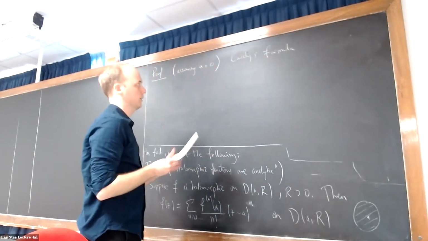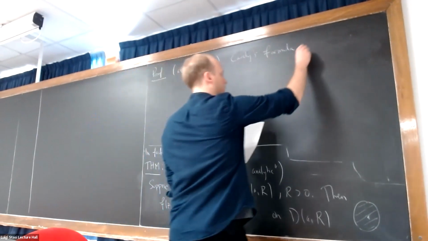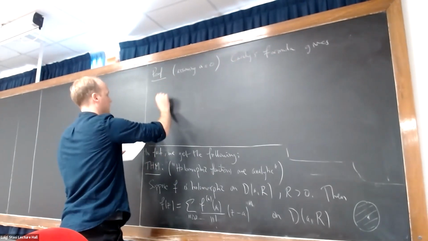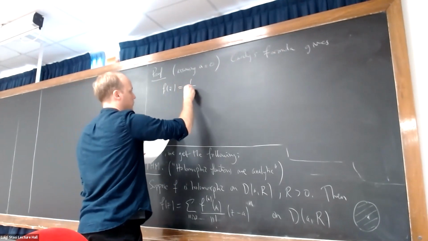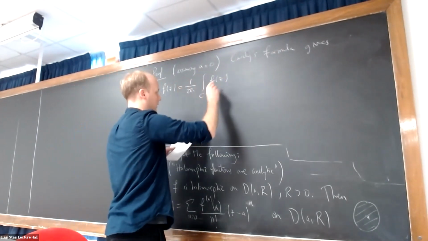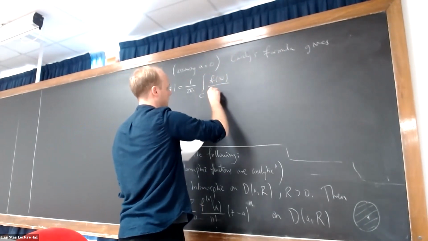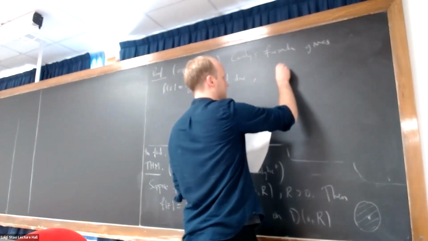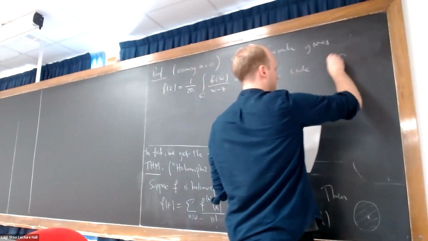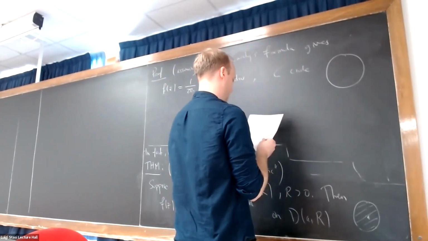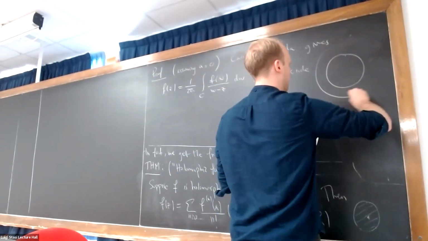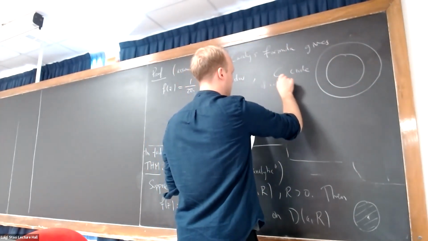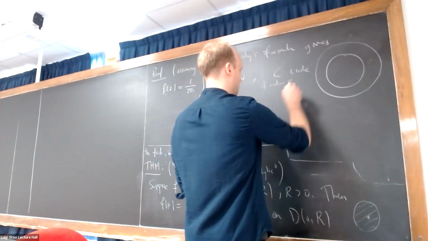By Cauchy's integral formula, f of z is equal to 1 over 2 pi i times the integral of f of w over w minus z, where C is the circle of radius r0.